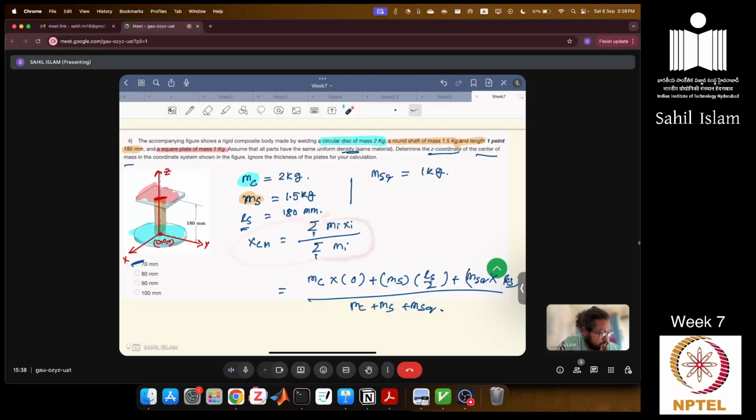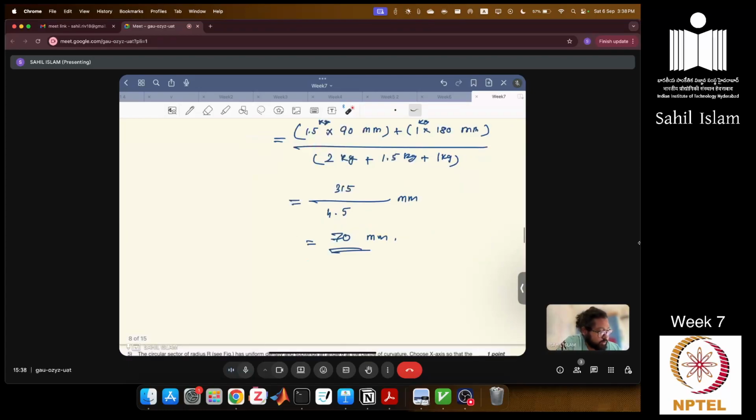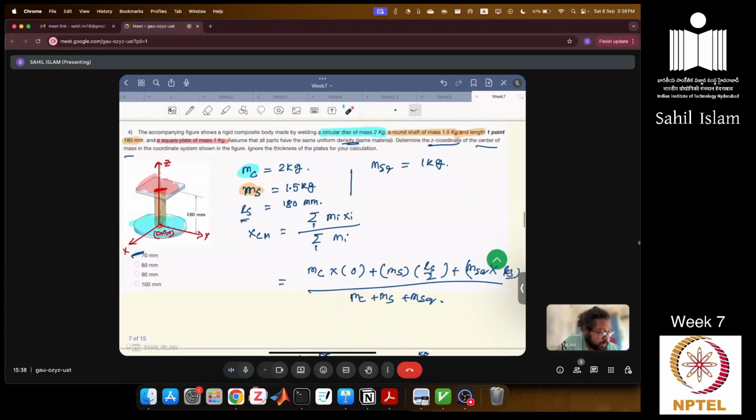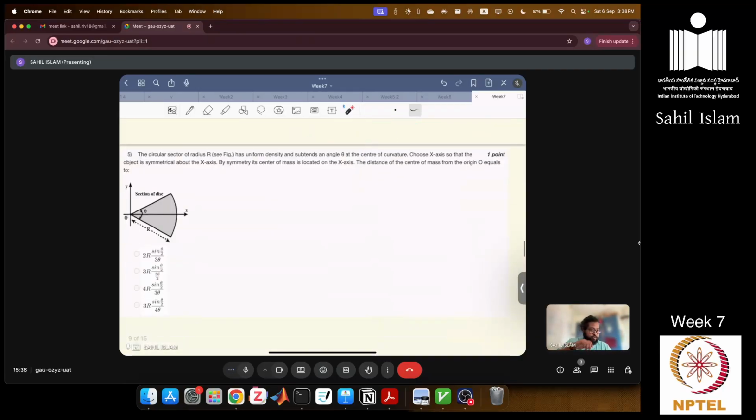We just use every mass times its location divided by the sum over the masses, and we found 70 millimeter from the base is the center of mass of the system. Okay, so we'll go to the next problem.